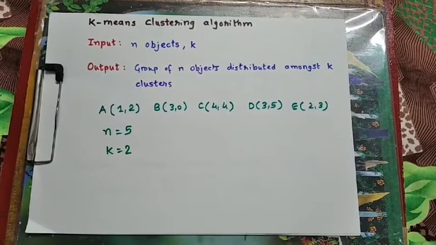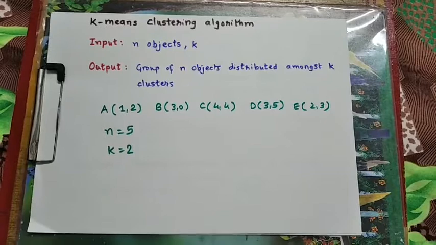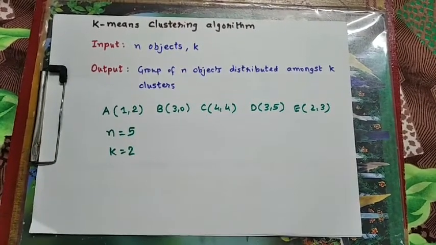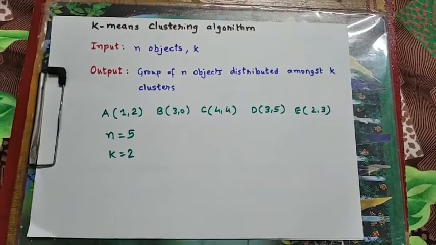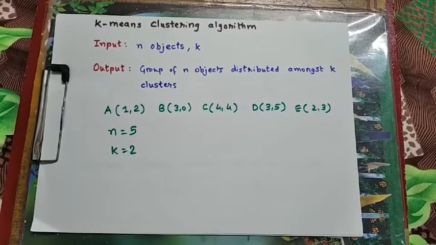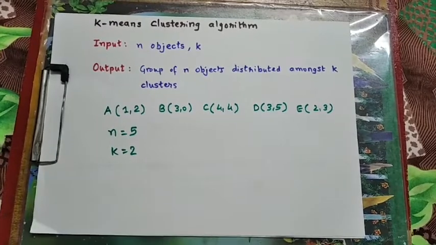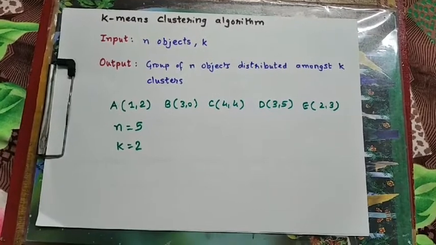This is a kind of a priori information which we should have before executing the K-means clustering algorithm, and the name K-means comes from this k, because ultimately after performing the process the given set of objects are divided into k clusters.